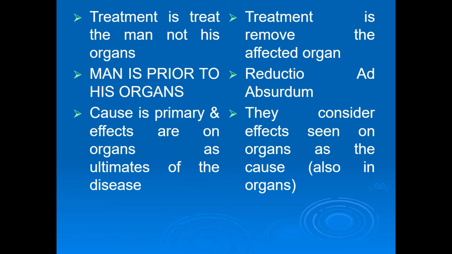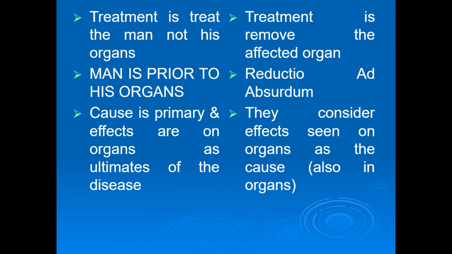In allopathy or modern medicine, treatment is to remove the affected organ. So if hemorrhoids are there, the hemorrhoids are removed. If any fibroid is there in the uterus, it is removed.